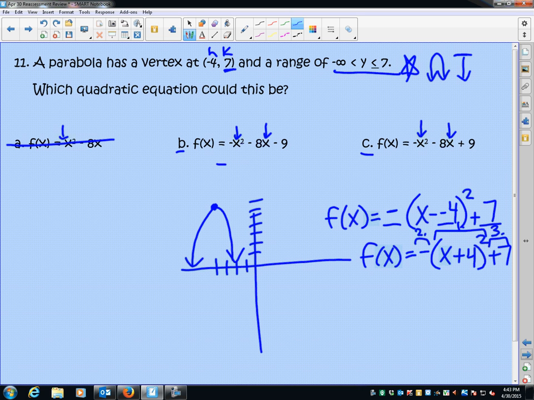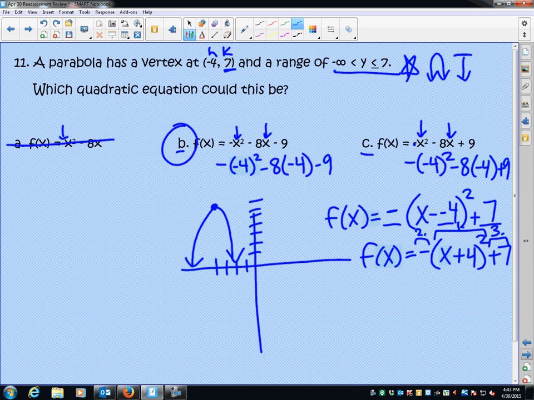So plug in negative 4 in both places. Now, please be aware that the negative in this problem has to go outside of the parentheses, because it is not in the parentheses in the equation. And so then you would just type them in and see which one produces the answer of 7. And the one that would do that is B.